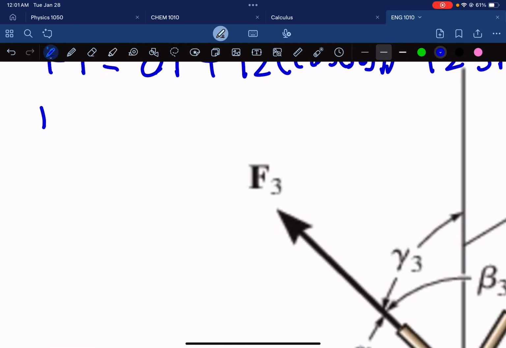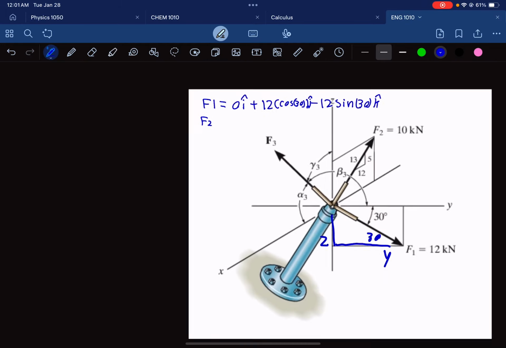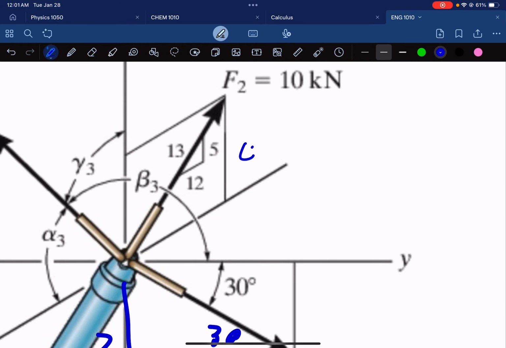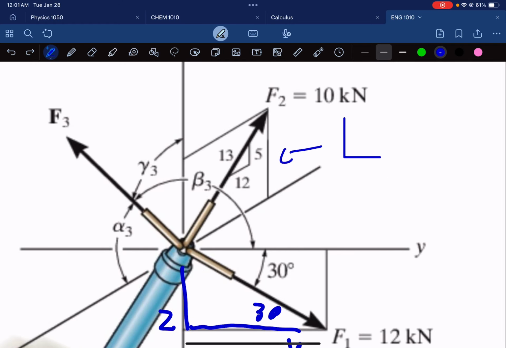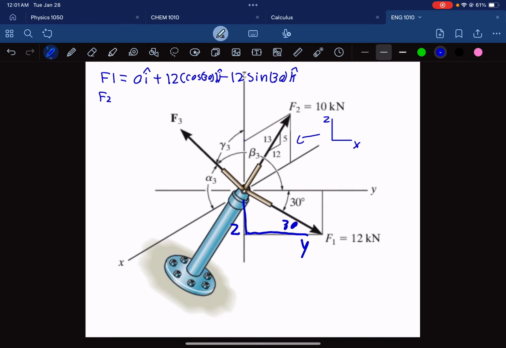And now we'll do our F2. So again, we are going to draw our little chart like that. And this is in the xz plane. Xz, just like that, because we can see this is the z plane and this is the x plane.